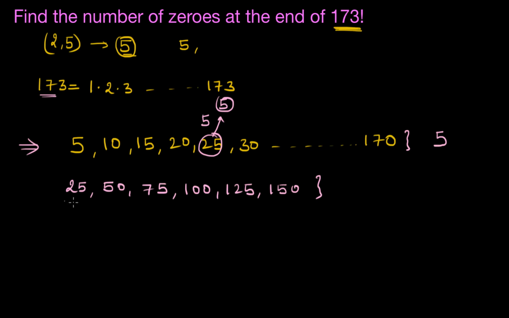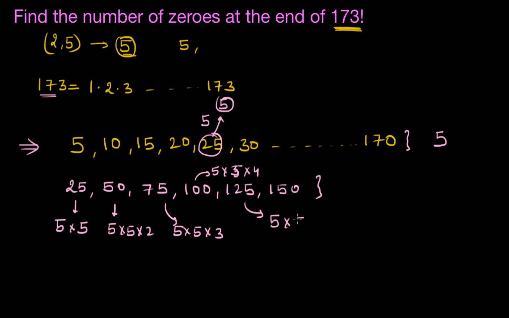See, this is 5 times 5. 50 is 25 times 2, so this is 5 times 5 times 2. This is 5 times 5 times 3. 100 is 5 times 5 times 4. 125 is 5 times 5 times 5. And 150 is 5 times 5 times 6.